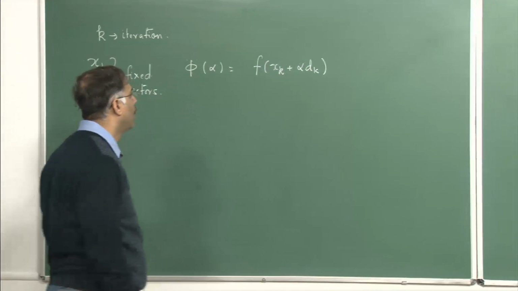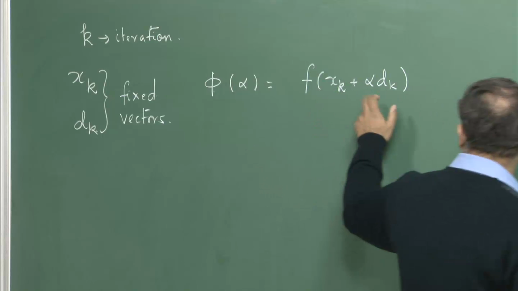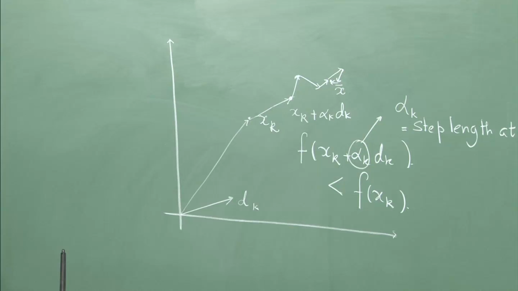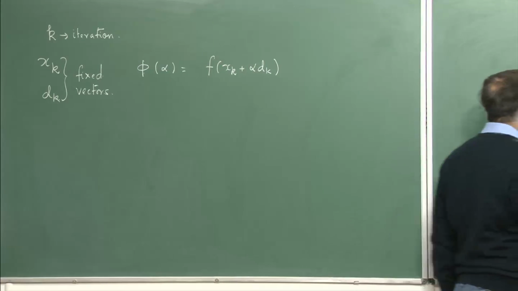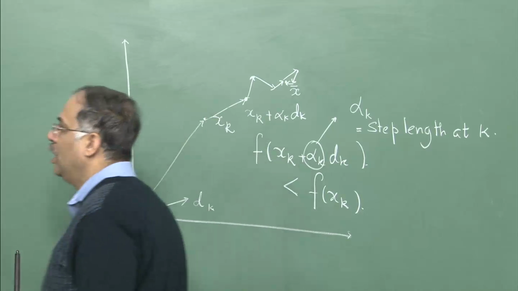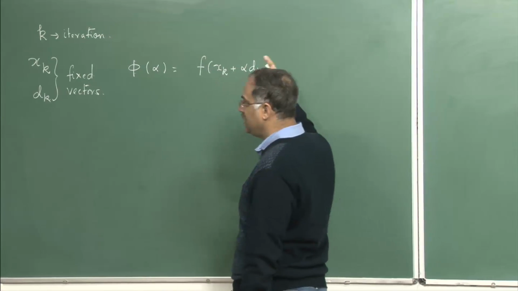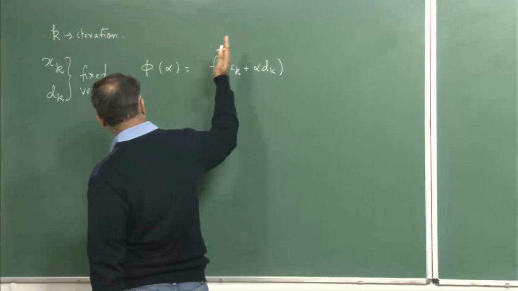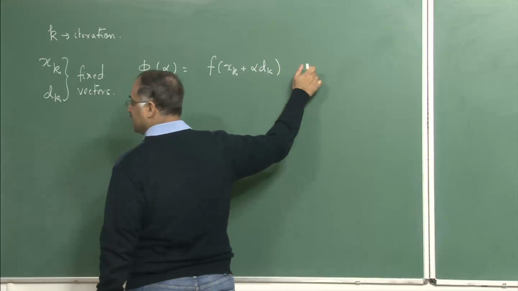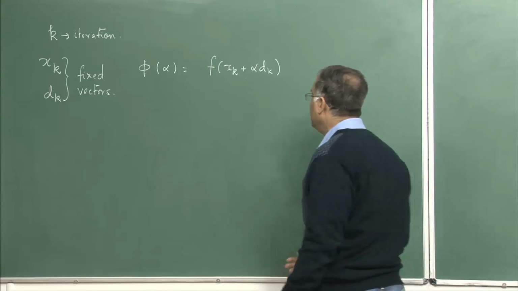Now you see, this is the function value of f along this line, at points on this line. Alpha could be any number strictly bigger than 0. Now I have to know to what extent I can keep decreasing the value of f, because d is a descent direction. I know that there exists an alpha naught beyond which, for every alpha, this function value is strictly less than f of xk, but to what extent will I get the maximum decrease?